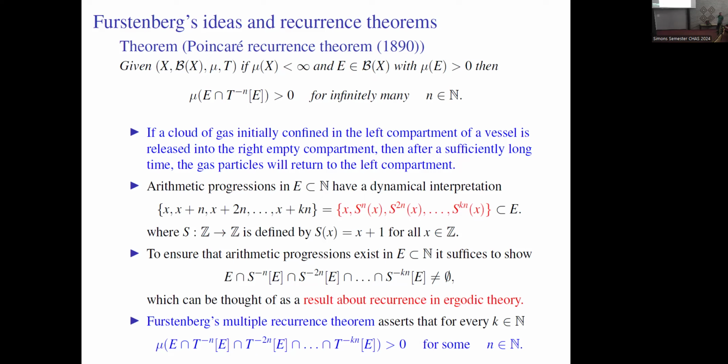But here, let me emphasize that there is one problem, because here you can see that we interpret everything in terms of the integer shift system, and everything would be fine, but there is a little issue that the Poincaré recurrence theorem is only true when we consider finite dynamical systems.